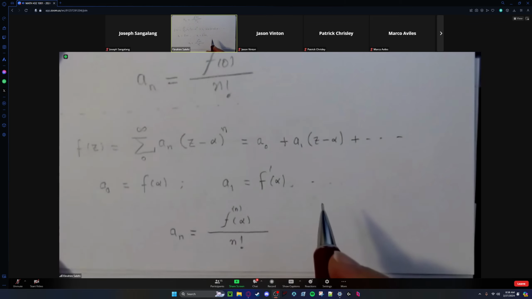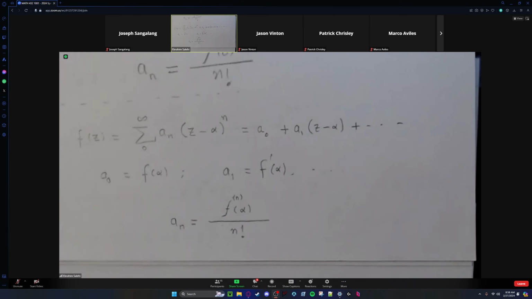Okay? So that proves the uniqueness. If we can find a power series for a function, we are sure that that power series is unique.